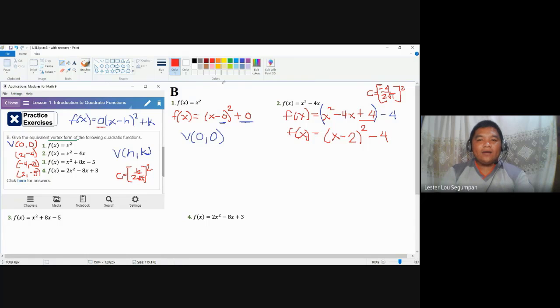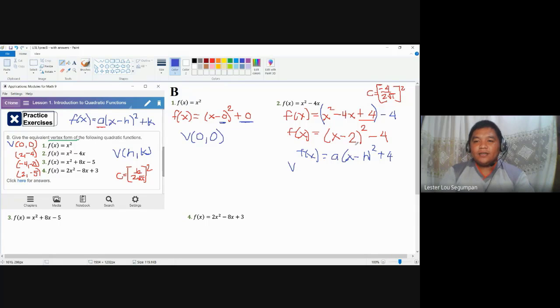So what is now our vertex? The vertex is given by f of x. Let me rewrite it. f of x is equal to a times the square of x minus h, plus k.